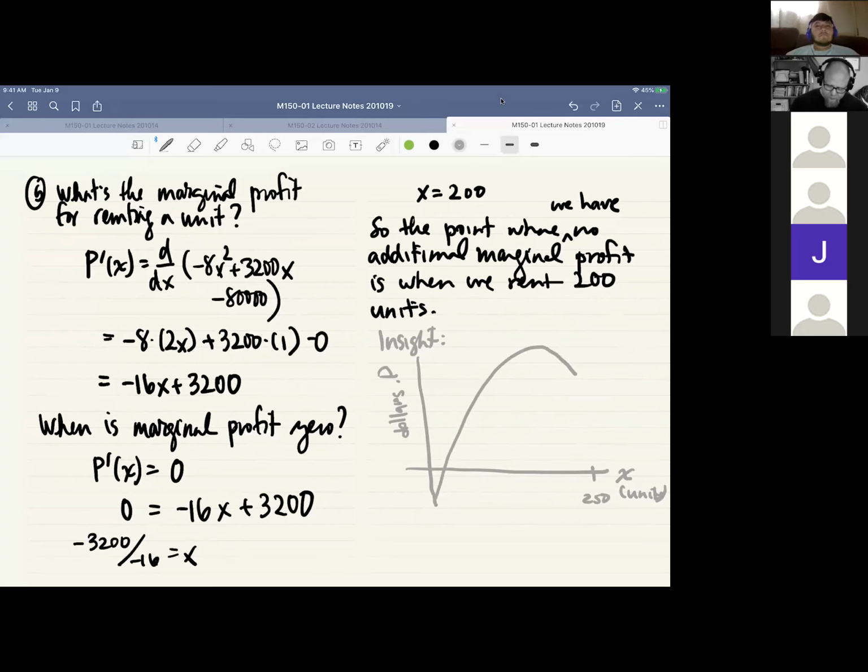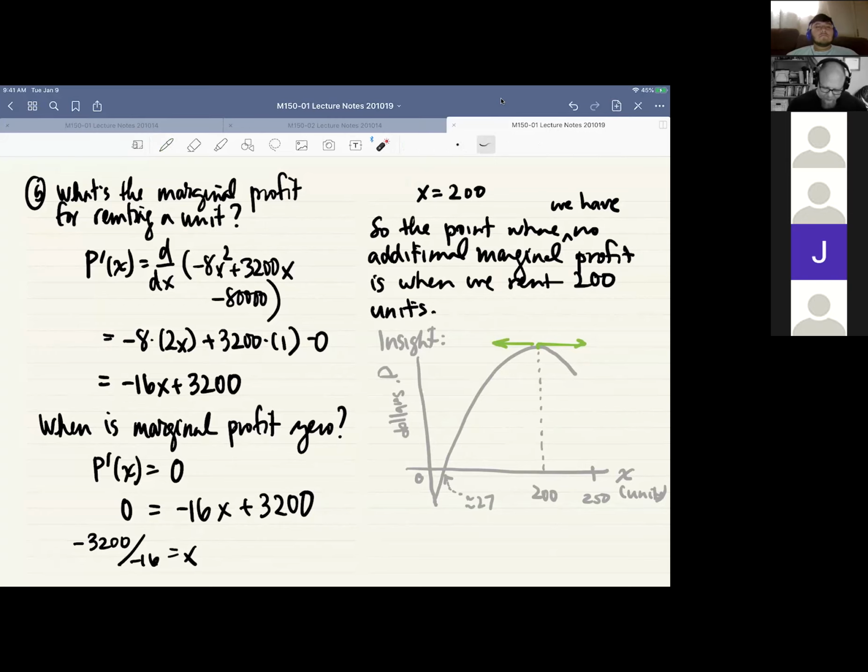We go from 0 to 250. We determined that this intercept is right around 27. So right here is 200, right here is where the tangent line is horizontal.